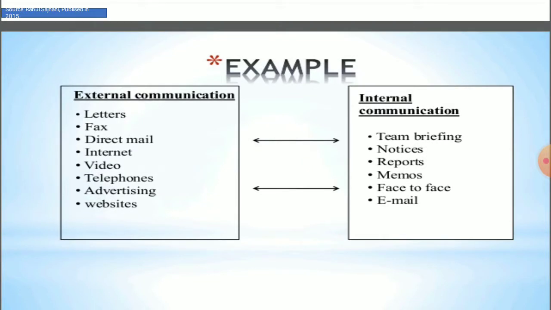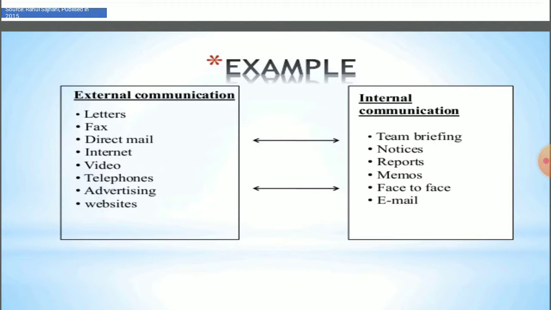Moving on to the next one, if you want to see examples of internal communication, there are a number of things that we can do, and those are team briefing. Team briefing means what? They call a team and brief them, explaining in front of the entire team. If a manager wants to suggest something or give some instruction to the employees, the manager can call the entire team in front of him and instruct them, and that kind of thing is called team briefing.